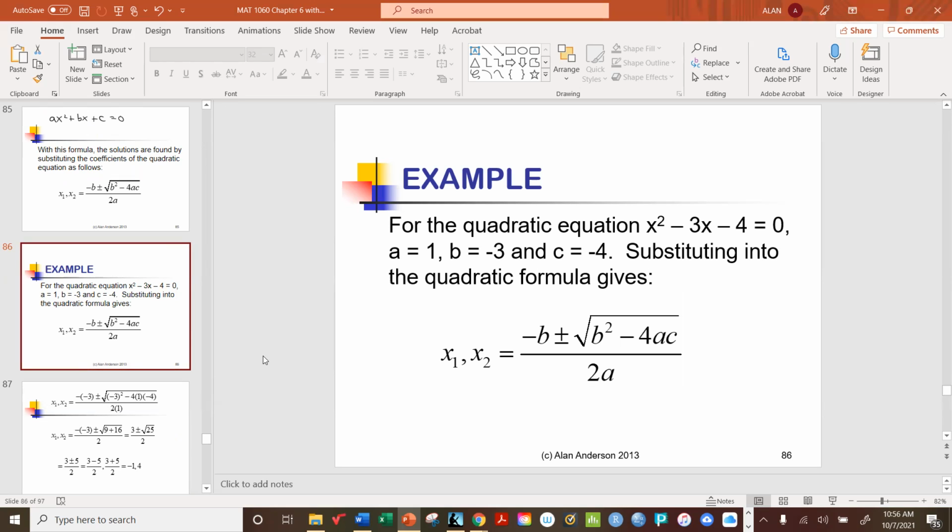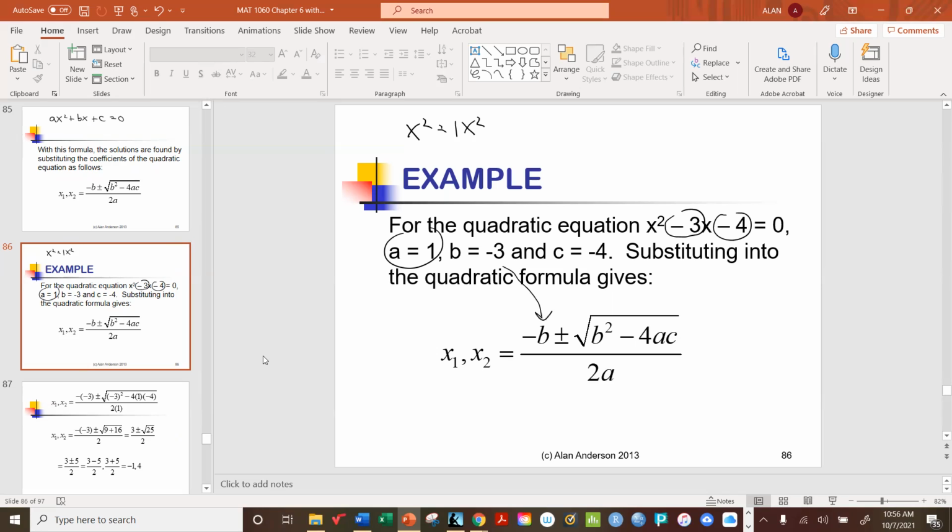So this means that a equals 1. Remember, there's an implied 1 here. That's why a is 1. b is, of course, -3. Don't forget the signs. And c is -4.